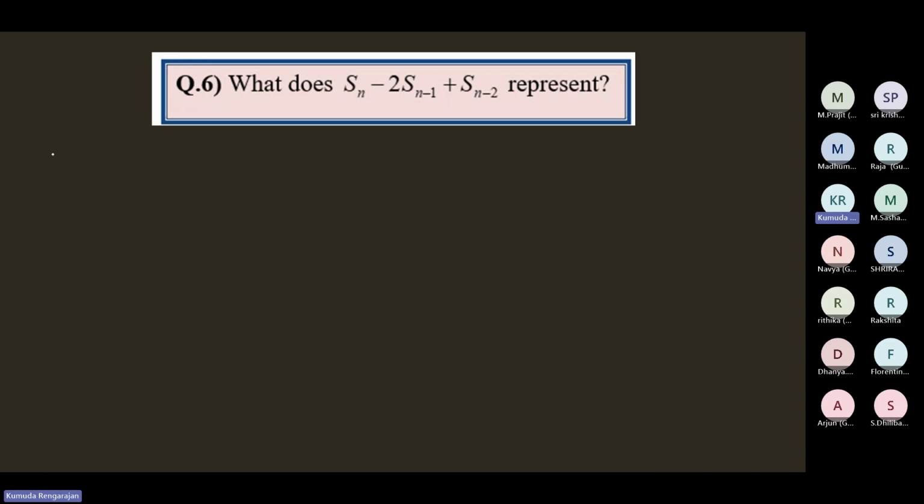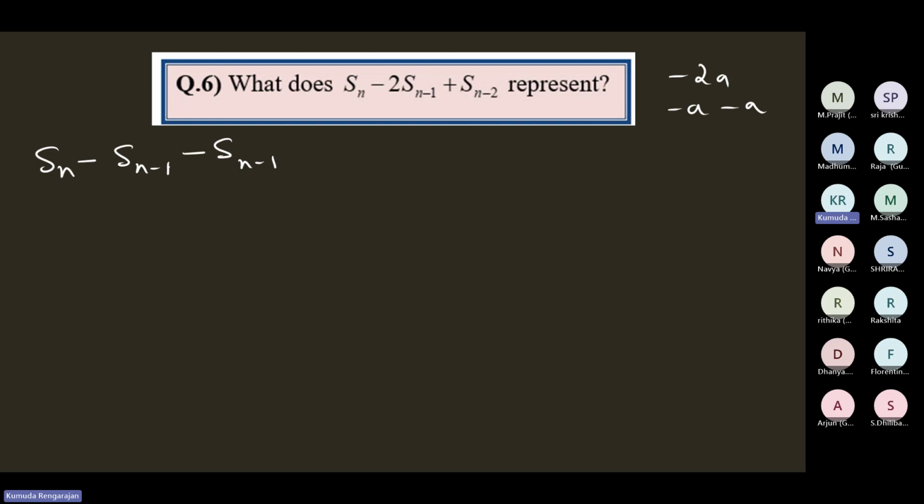Okay. So let me write 2 times Sn minus 1 like you write minus 2a as minus a minus a. Minus 2a can be written as minus a minus a. So minus 2 Sn minus 1 can be written as minus Sn minus 1 minus Sn minus 1.